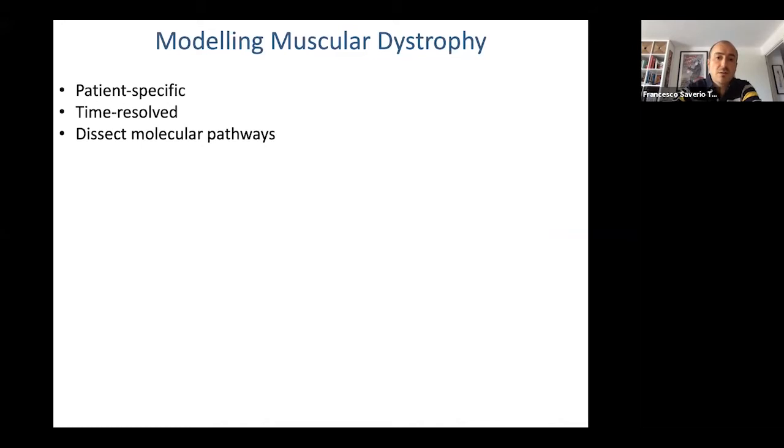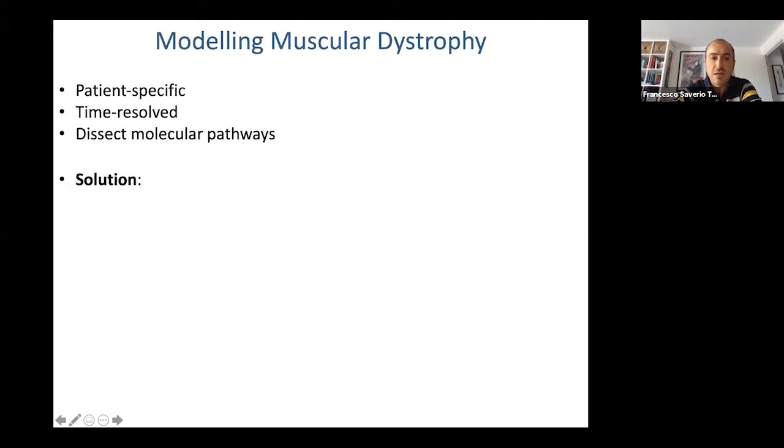To model muscular dystrophies, we want models that are patient-specific, that are time-resolved, i.e. giving us an idea of what's going on at different stages of muscle differentiation, and models that give us the possibility to dissect molecular pathways.